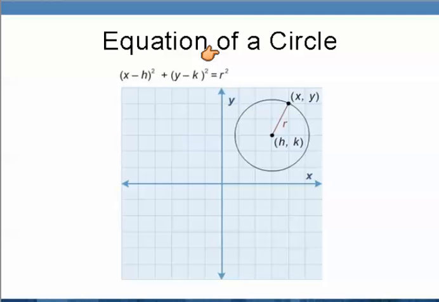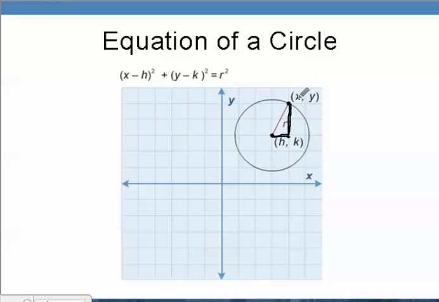Okay. This is the equation of a circle. Now, in case you look at this and you go, that looks very familiar to me, I've seen that before. It's actually the Pythagorean theorem. If you look at a right triangle right here, this is the x direction and this is the y direction, right? And if you look at this real closely, x minus h.